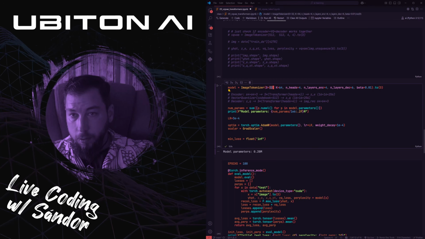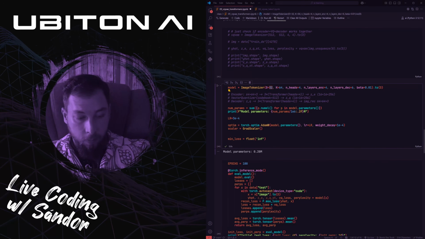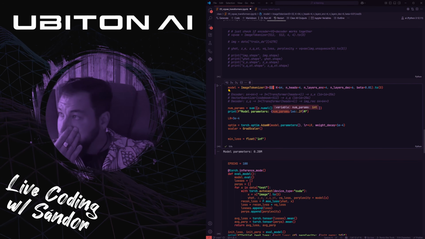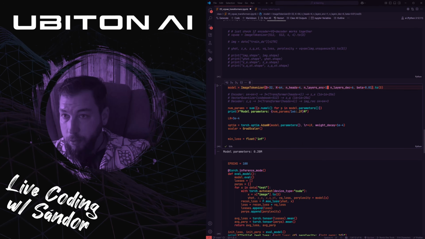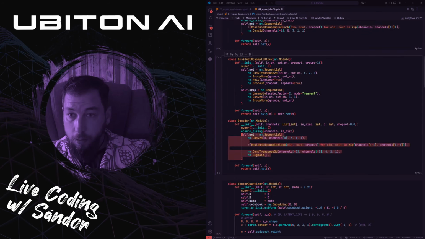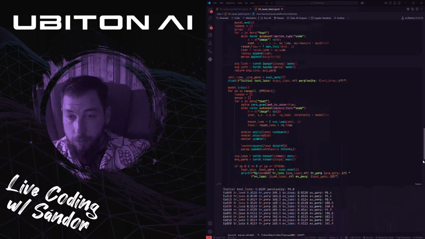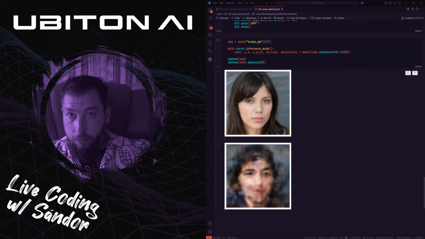Now 32 latent dims. Not much entropy here. I mean, it's just faces, so we could try with 32 dimensions. The codebook just 64. And let's just put one layer, just one transformer block with the default beta, and we will compare it. If it converges at all, we will compare it with this.